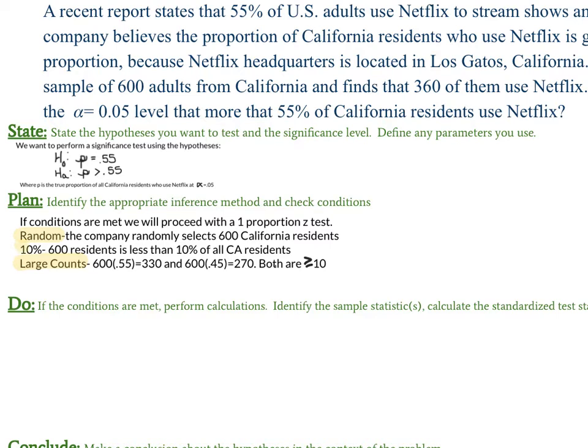Both are greater than or equal to 10. So my conditions are met. So again, here I've stated my conditions and I've also named my test. I just want to point out that this is also called a one sample z-test for proportions. Your textbook calls it a one proportion z-test, so I'm just going to go with that.